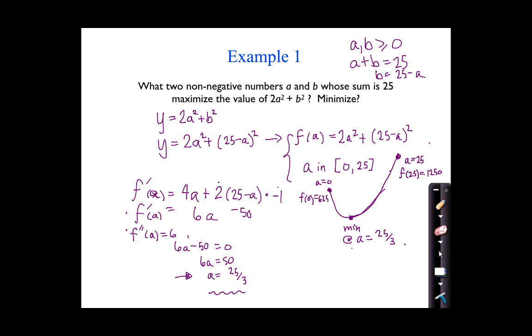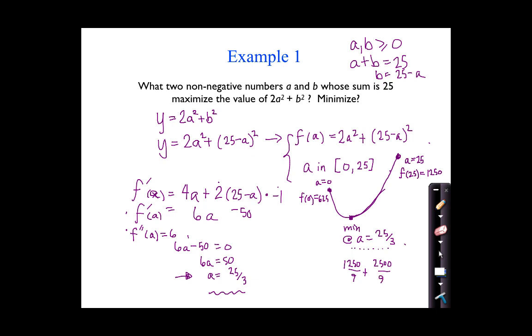Now, this value, I don't know what it's going to be. Less easy to do arithmetic. But all we'd have to do to figure out what that minimum value is, which is the second question, is substitute in a equals 25 over 3 to this, which I'd have, let's see, 625 over 9 times 2, 1250 over 9, plus 50 over 3 squared, 2500 over 9.